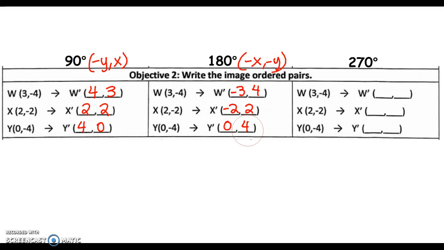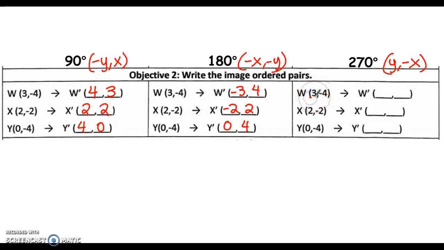And lastly, for a 270, our function is (y, -x). So we are going to change the sign of the x and then swap the x and y. Our x currently is 3, so that will become negative 3.